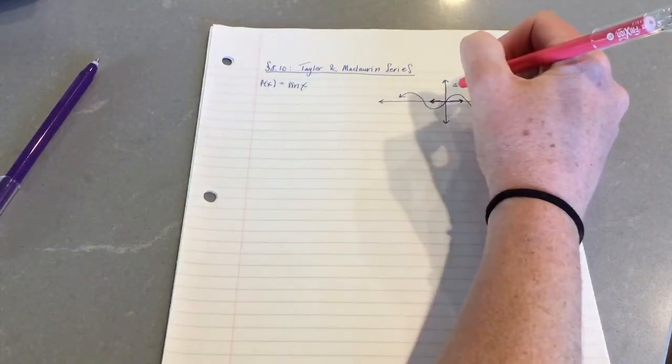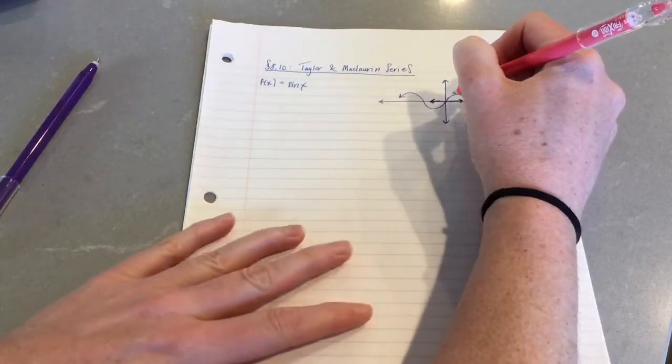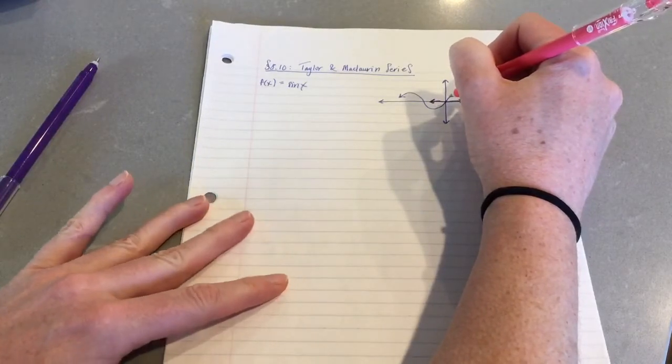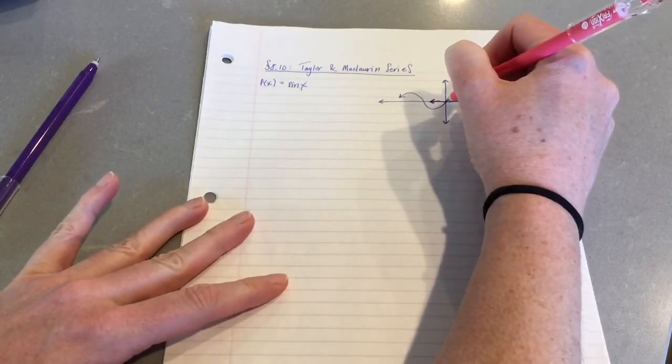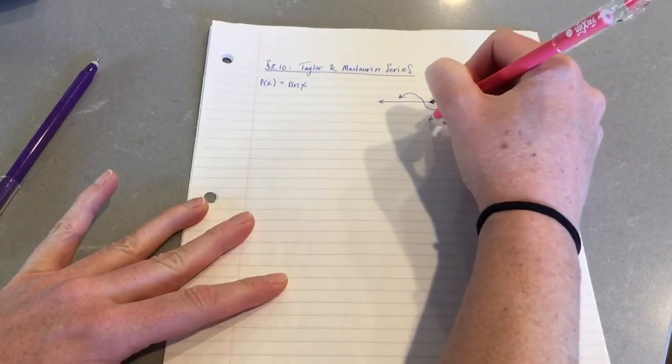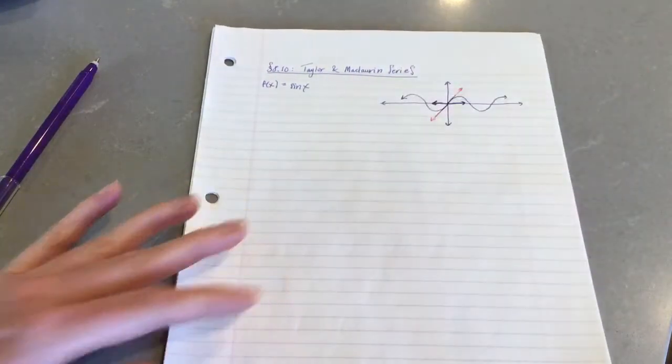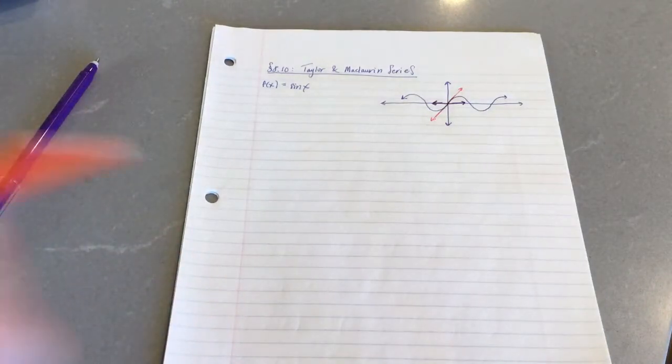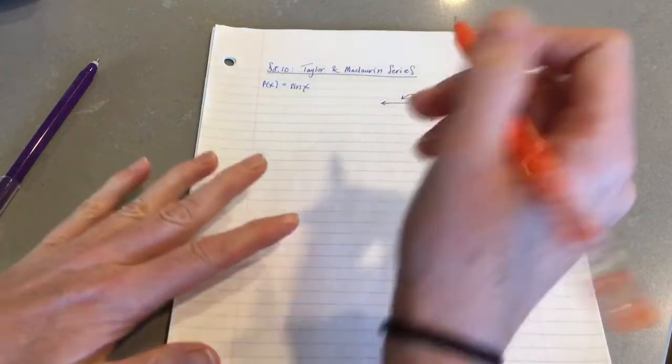So let's say then you're asked for maybe a Taylor polynomial of degree 1, so that would agree up to y coordinate and first derivative. Still doesn't look like sine of x, but it looks better than the degree 0.